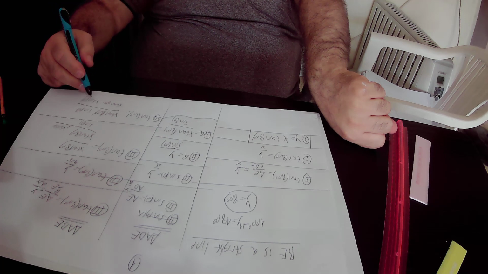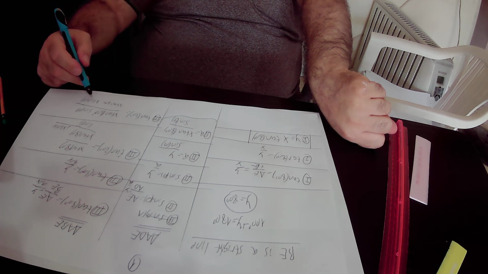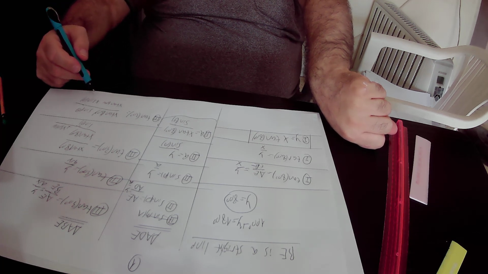So here we have x in the numerator and x in the denominator, so x will get cancelled.